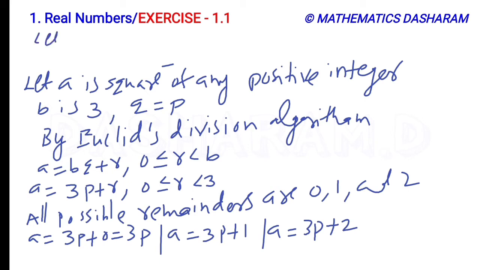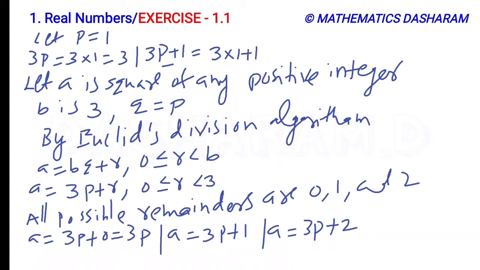So let p equal 1. Let's substitute this value. The first value is what? 3p. 3p equals 3 into 1, how much? 3. The second value is 3p plus 1. So 3 into 1 plus 1 equals 4. The third value is 3p plus 2. 3 into 1 plus 2 is 5.